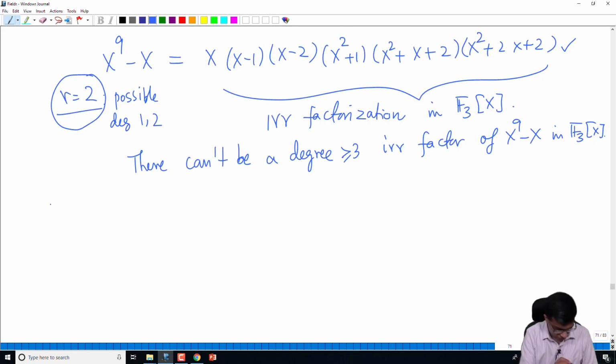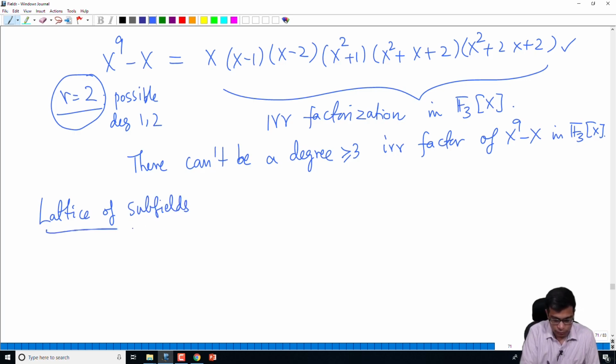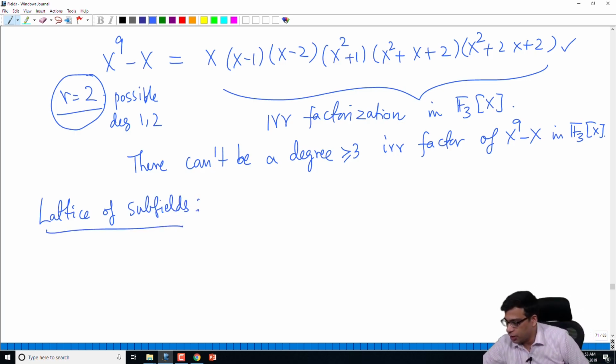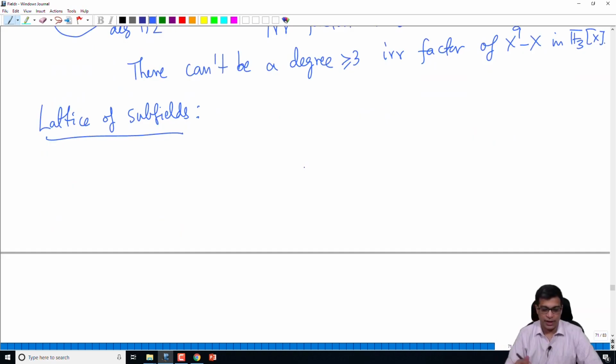Now I'm going to do one more example to illustrate the subfields of a given finite field, the tower of fields, or what is called the lattice of subfields. Let me illustrate this by drawing some lattices.